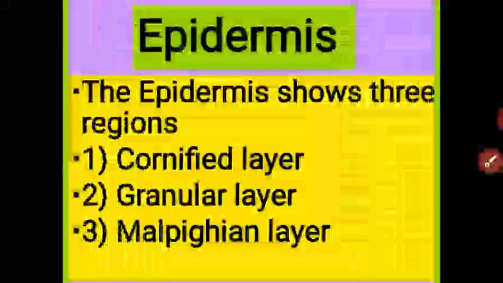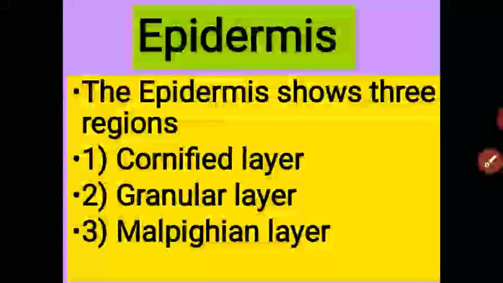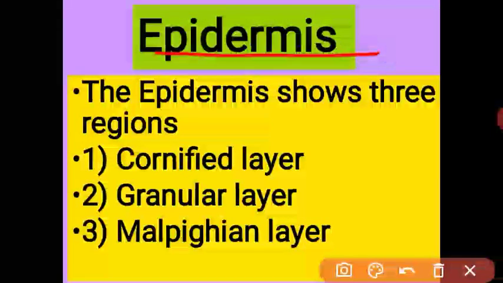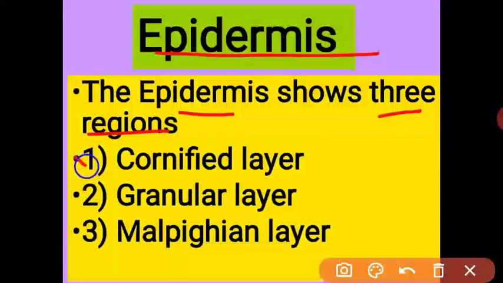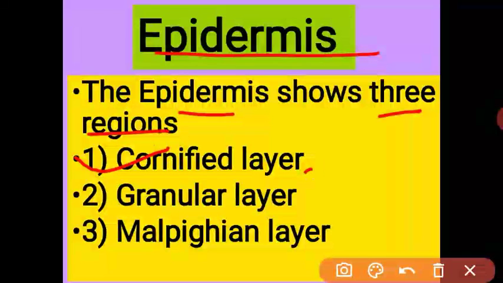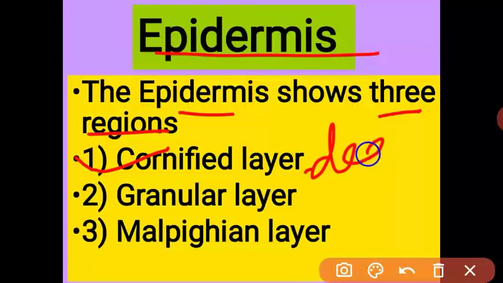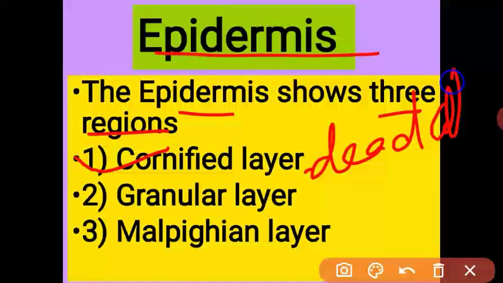The epidermis is the outermost thin layer, and it shows three regions. Outermost is the cornified layer. It is made of flattened dead cells. These cells are made up of a fibrous protein called keratin.